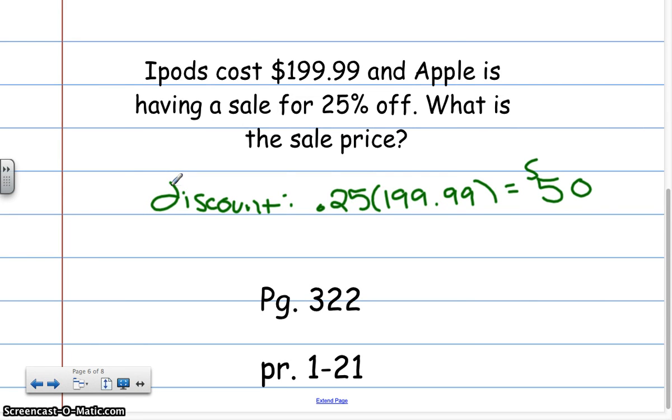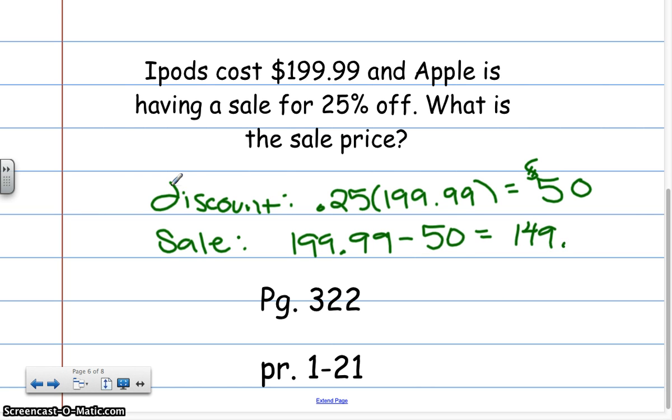So it's a $50 discount. Okay? Discount means subtract it. So my sale price is going to be my cost, $199.99, take away my discount, and I get $149.99.